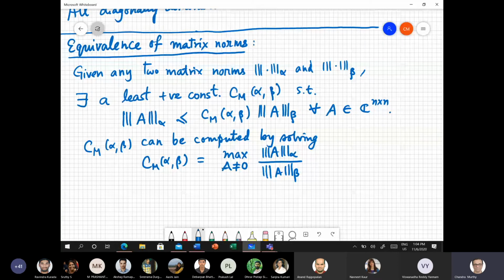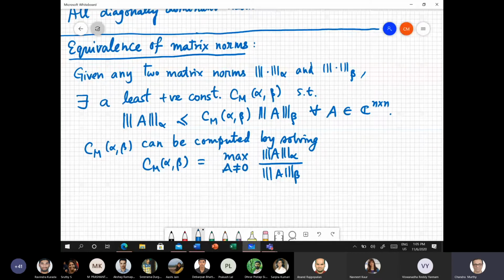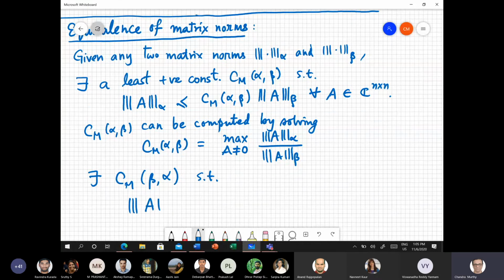In this, I just said alpha and beta, but I can always just exchange alpha and beta, and the way to say that is that, similarly to this Cm of alpha beta, there exists a Cm of beta alpha such that A beta is less than or equal to Cm of beta alpha times A alpha, and this Cm of beta alpha is computed as the maximum of norm A beta divided by norm A alpha.